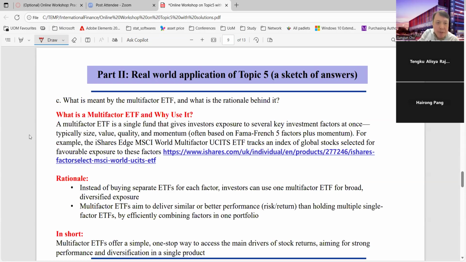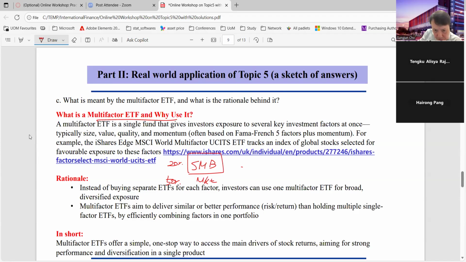Finally, what is the multi-factor ETF and why do we use it? If you read this case study, you will find more information about this one. In the factor investment era, you can form a portfolio of factors. Something like you put 20% to buy an ETF on SMB, you put 50% of your wealth to buy an ETF on a market index, right?